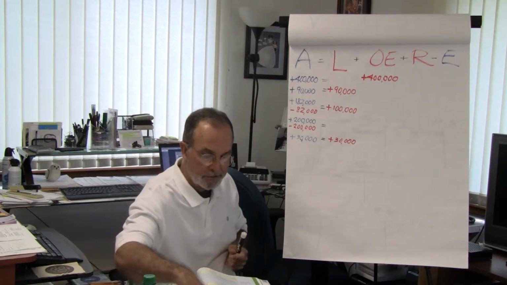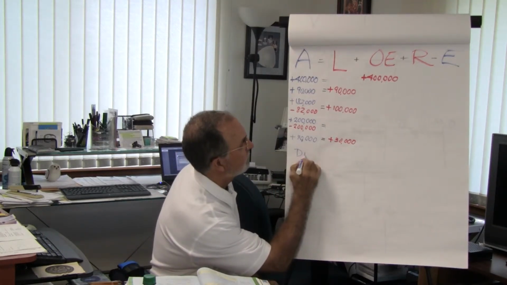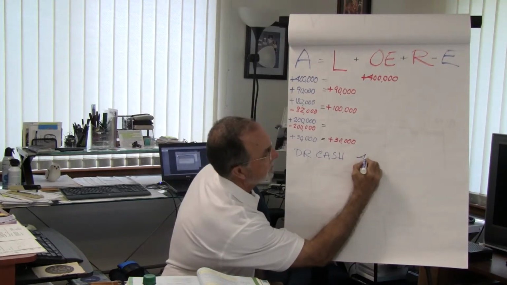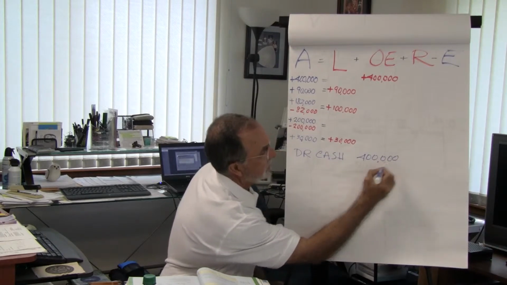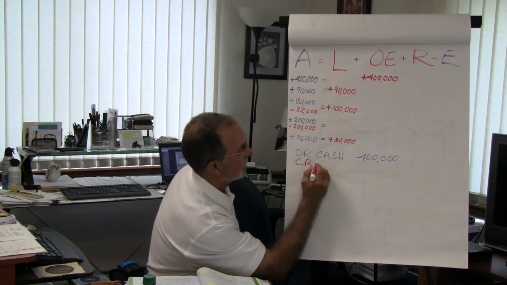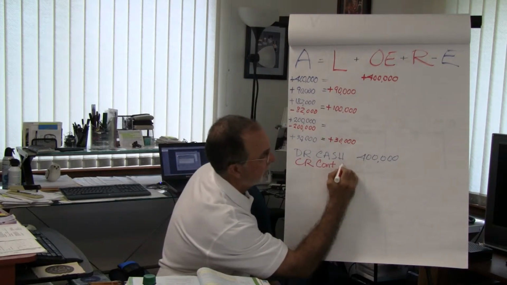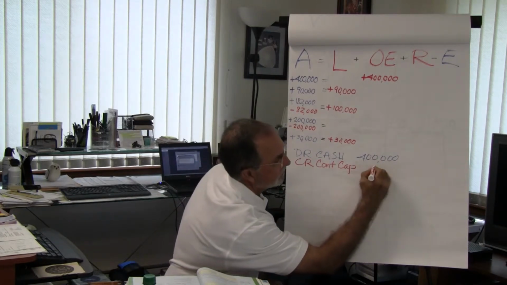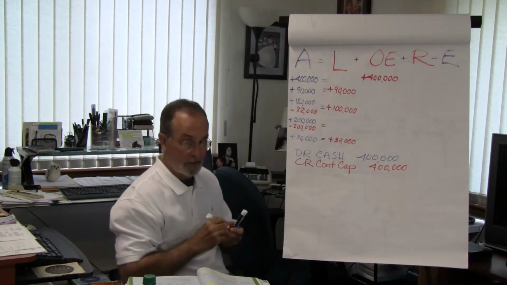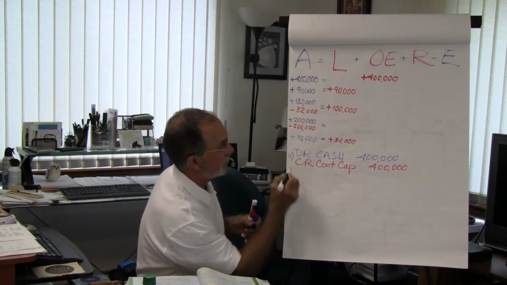And so our journal entry would be to debit cash, add to cash, 400,000, and credit, and I'm going to call this account contributed capital, 400,000. And again, that is our transaction A.